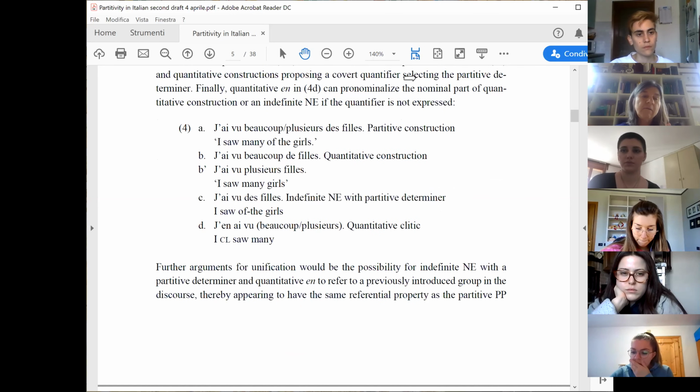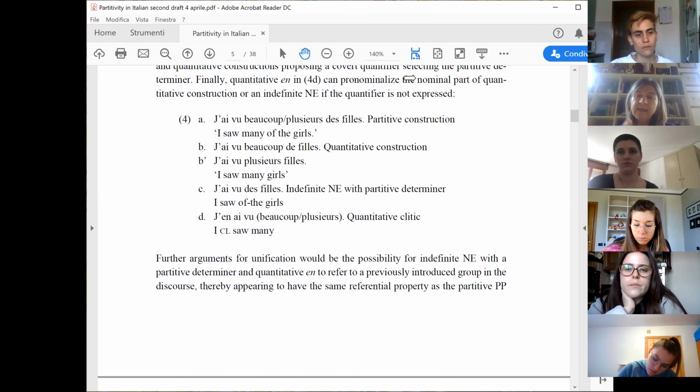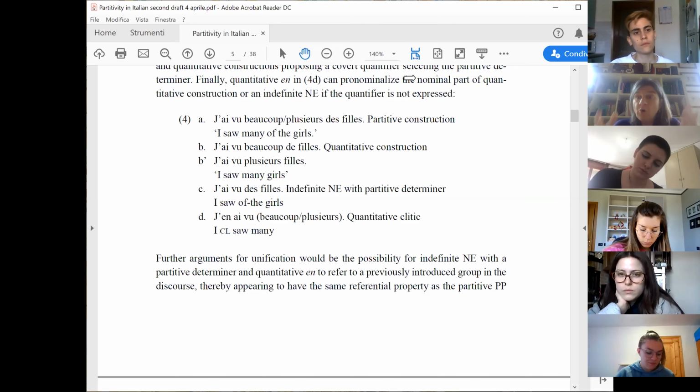So in 4A, we see that French has the same partitive construction as in Italian. I have two quantifiers. One is plusieurs, with numerous, which behaves like Italian alcune, although it means more than just some, it means many, or it behaves like Italian molte.